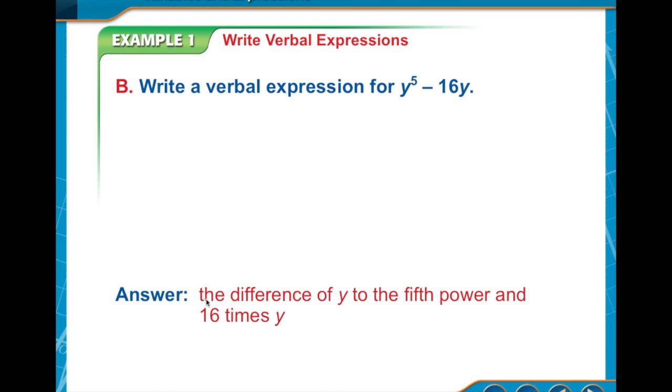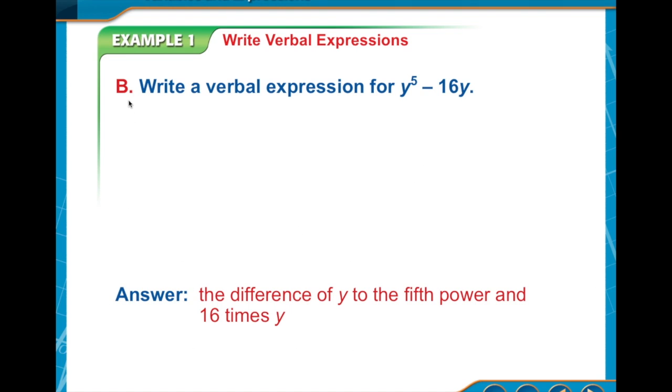So we know that in words, this is the difference of some variable y to the 5th power, we see that here, and 16 times our variable y. So the whole thing in words is the difference of y to the 5th power and 16 times y, which we see there. This is your solution to example 1b.